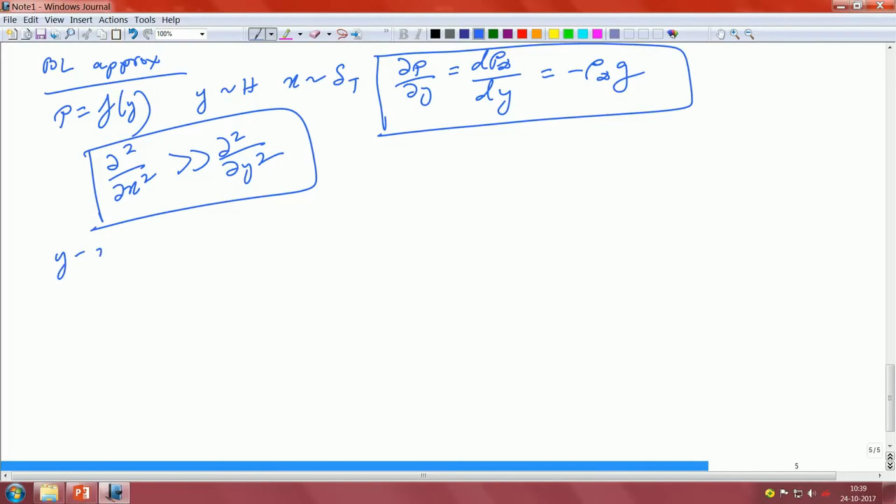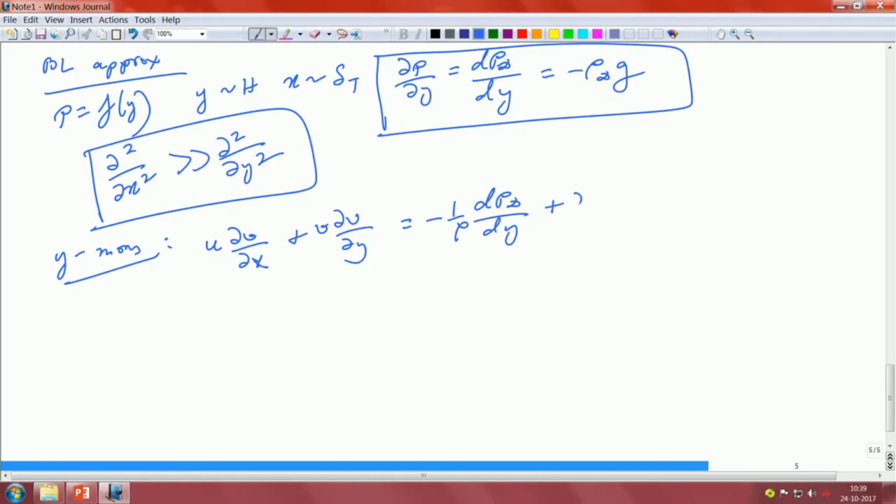So, therefore, the y momentum equation, which is the most important equation here, is basically given as u dv/dx plus v dv/dy equal to minus 1/rho dP∞/dy plus nu d²v/dx² minus g. Now, you are going to substitute this back here.